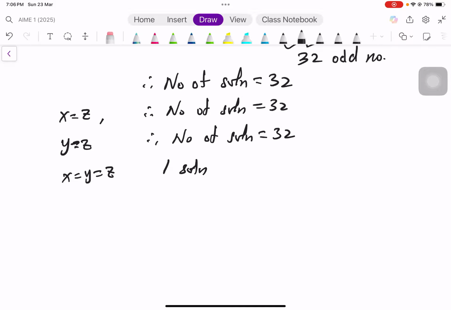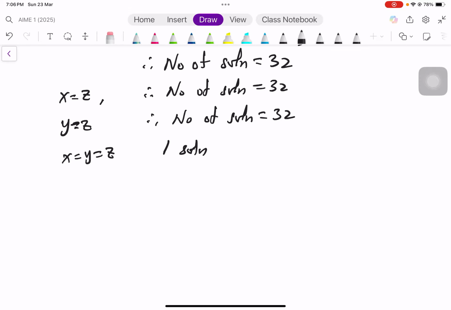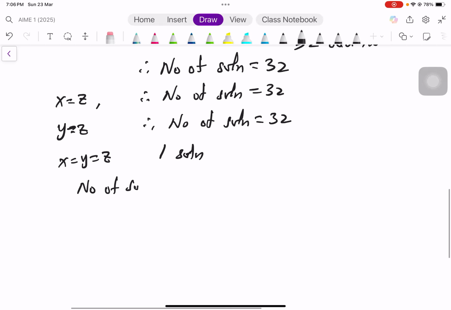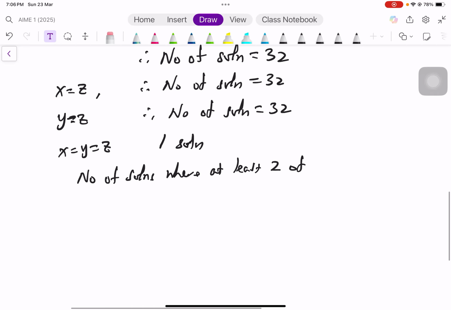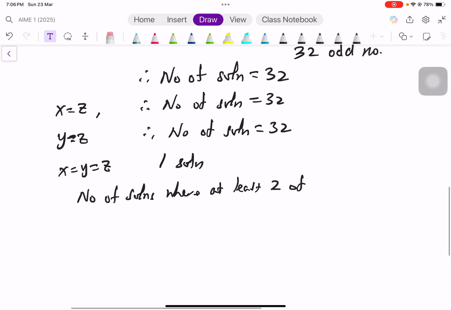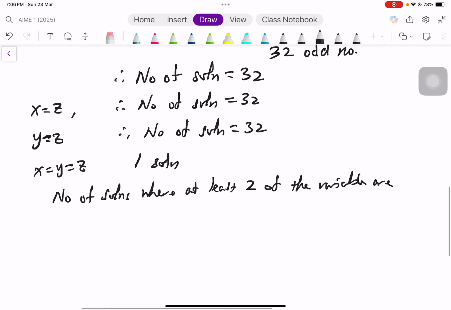One solution, right? Okay, therefore, the number of solutions where at least two of the variables are equal would be just equal to 32 times 3 minus 2.